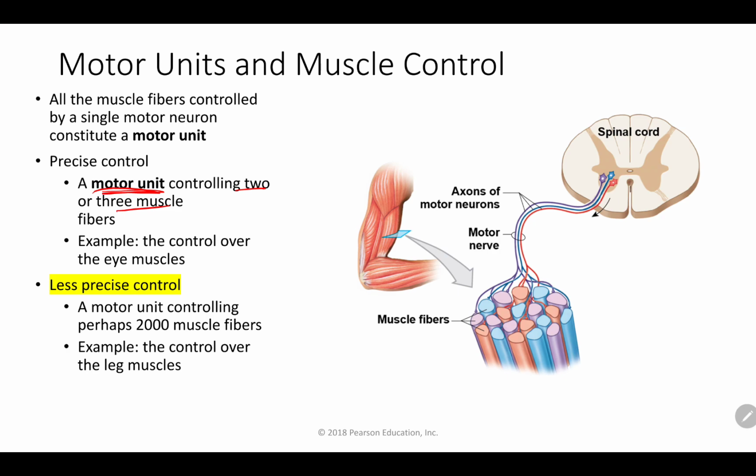That's precise control. But if you have a motor unit that's controlling like 2,000 muscle fibers, then you have less control. So when a single motor neuron is controlling this large number of muscle fibers, you're going to be less precise with your control.